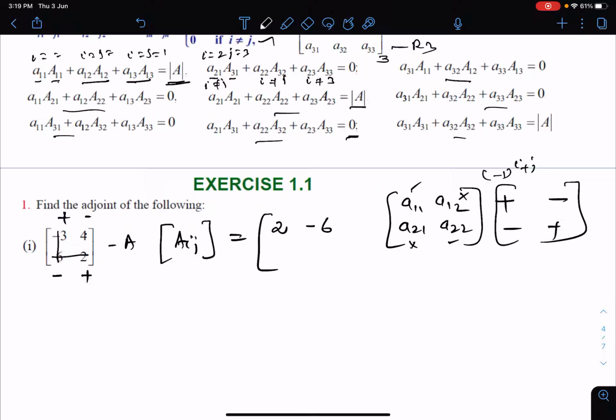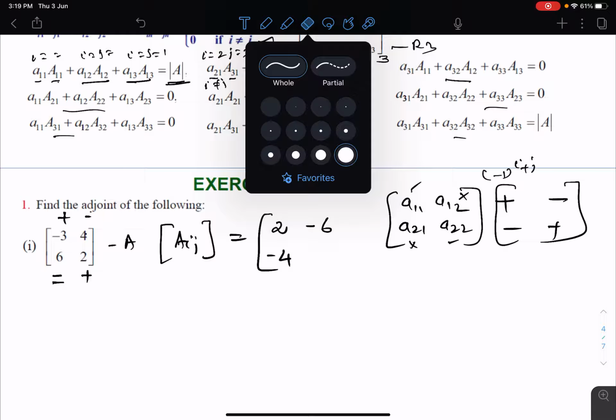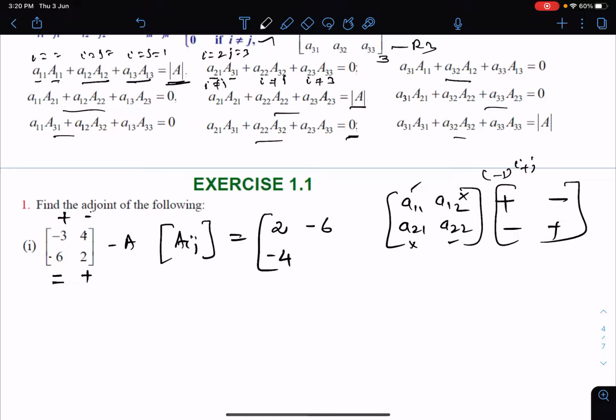So your corresponding element is again minus 4. This minus you get from here. Now you are going to our last element 2. So the last row and the last column. You get plus here, so minus 3. So this is minus 3.